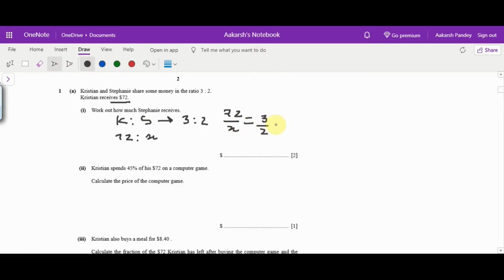We'll just cross multiply and cancel a 3 over here. We get 24. So X is equal to $48.